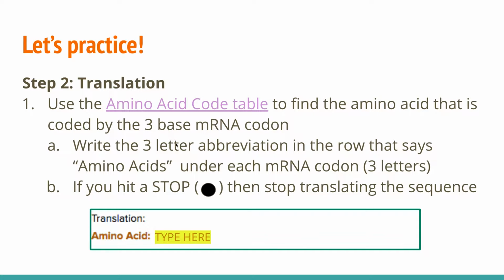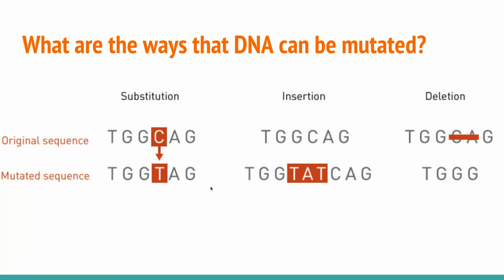So this is part of your refined task. You're going to write down 3-letter abbreviations in the row that says amino acids. So under each messenger RNA codon, if you hit a stop, then stop translating the sequence. That sequence is all done.